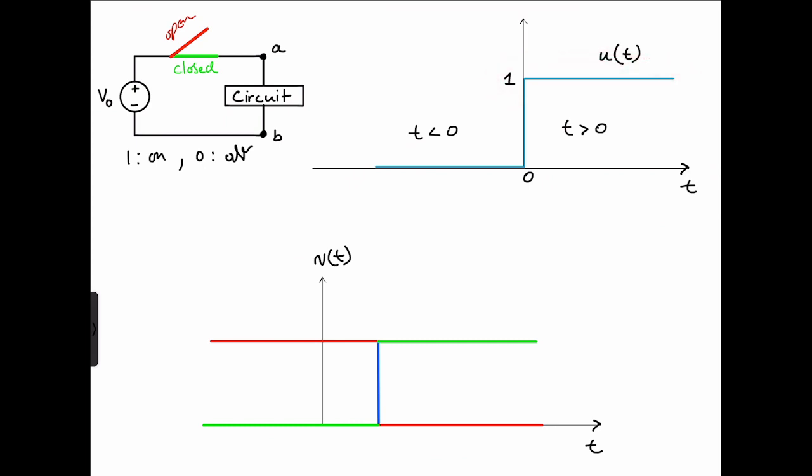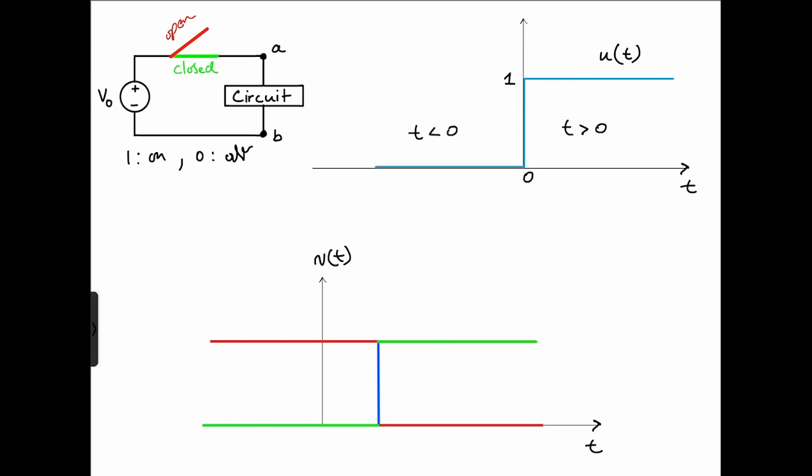And notice that it is not greater than or equal, so we do not include the transition, because this is an ideal unit step function. In the real world, a unit step function would look somewhat like this. There would be some transition, and we'll call that delta t.